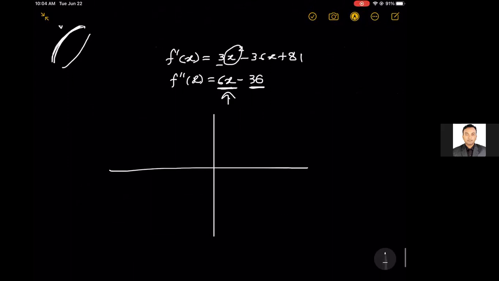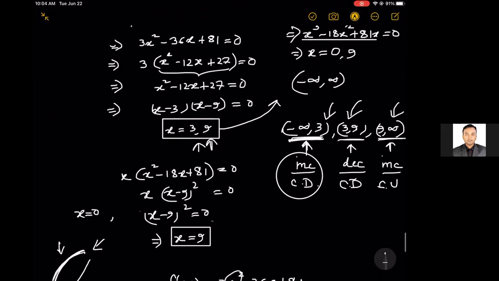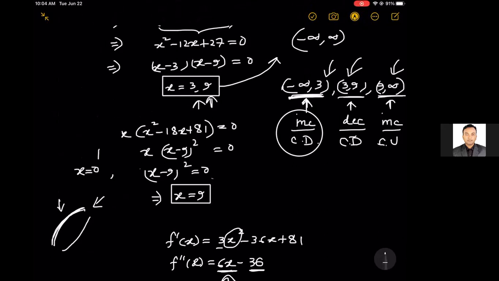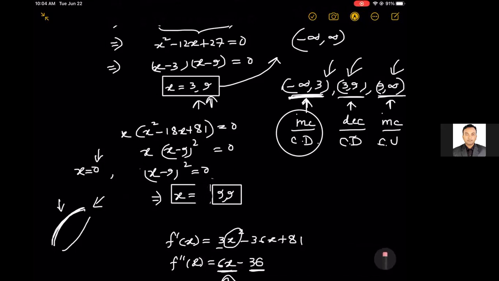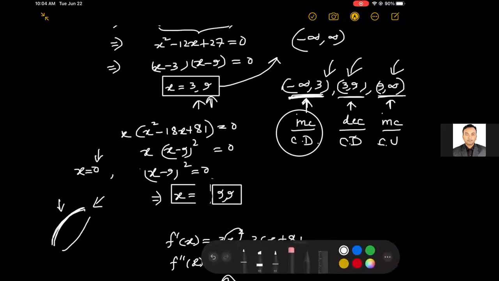So that means up to 3. Let's say that's my 3. And we know it will go through 0 because we have a root at 0 and we have a root at 9. It's actually 9, 9. I'll explain why it's 9, 9 and what happens when we have a root like this. Here, 0, I mean the root, not the value 0.